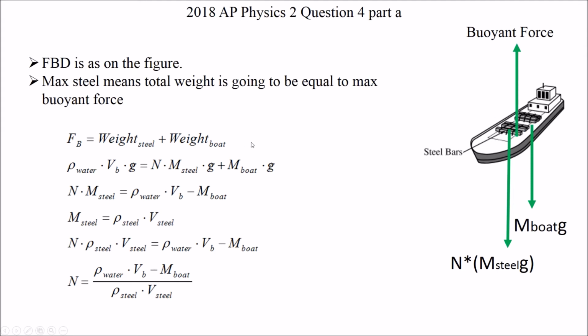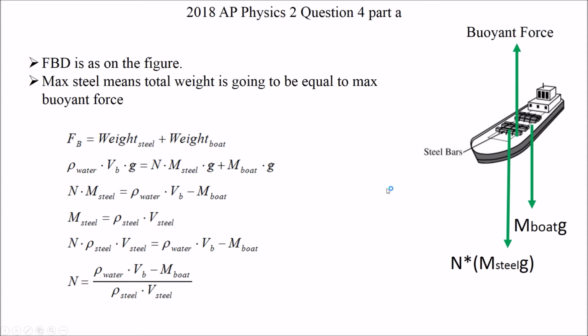Since they're asking for the maximum, the buoyant force is going to have a certain fixed value, because the buoyant force depends on the density of the water, the displaced volume, which has a maximum value, and gravity. So this buoyant force part is constant. It is not going to change.